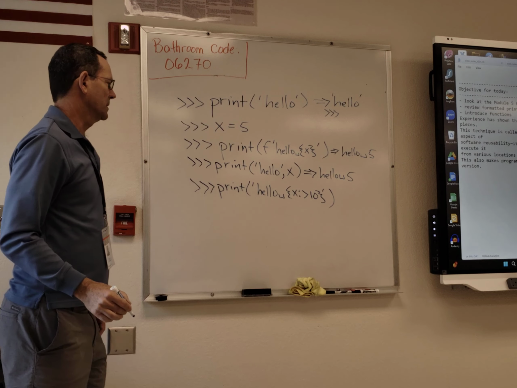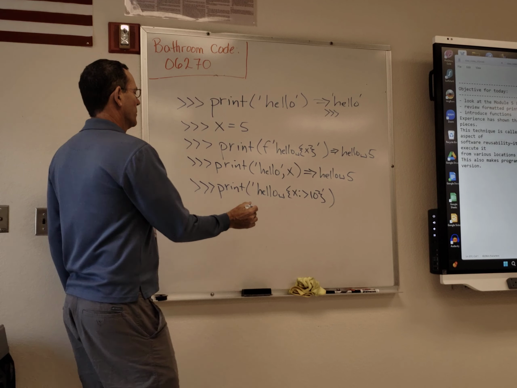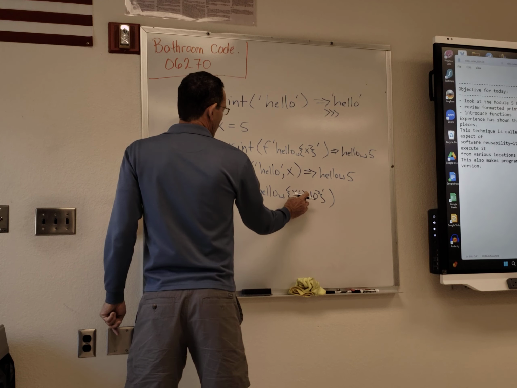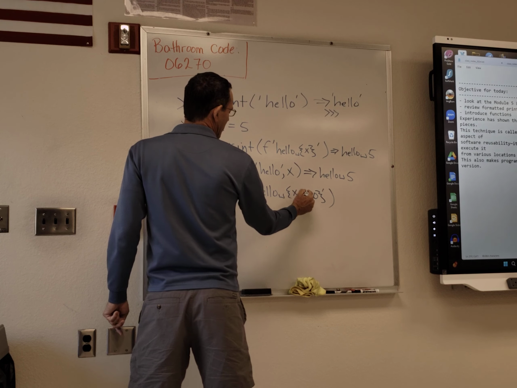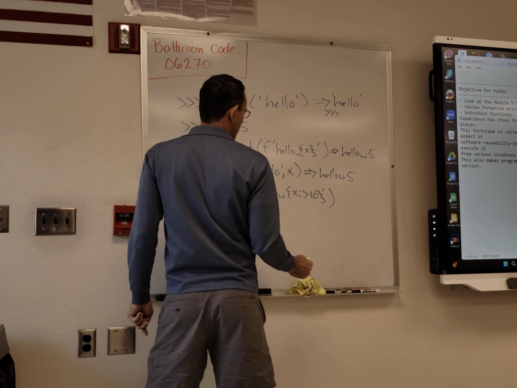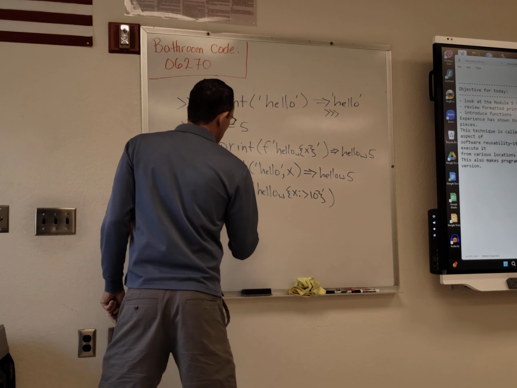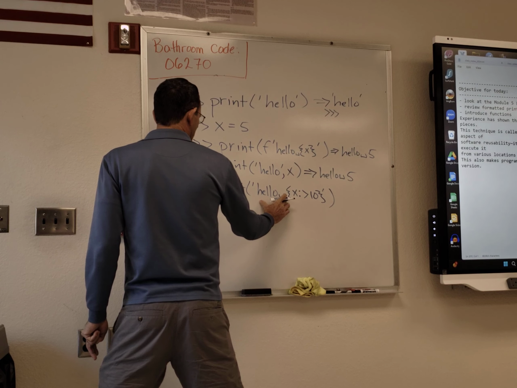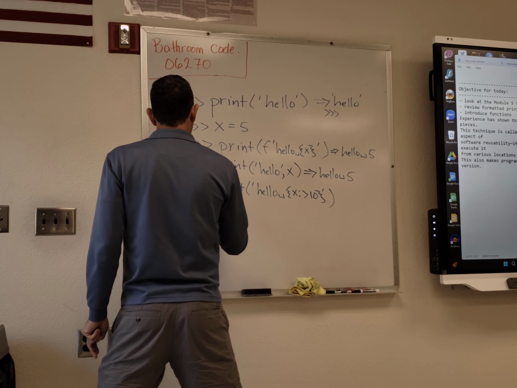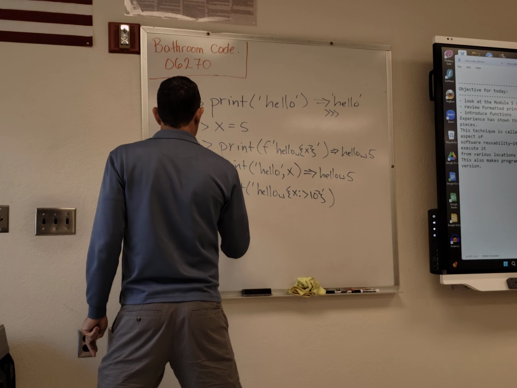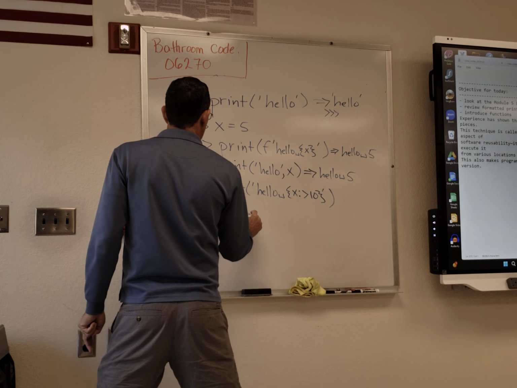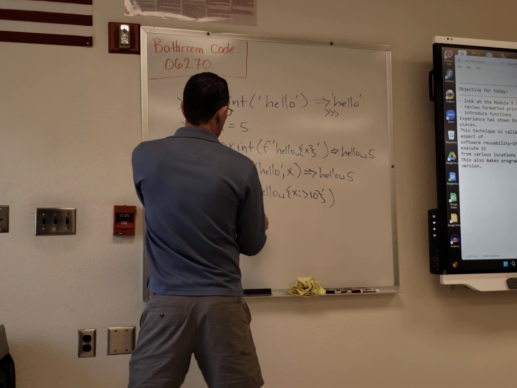So what the heck does this mean? We're going to print out 5, right aligned, because it's a greater than sign, in a total of 10 spaces. Okay? So this is going to print out hello with a space, and then 10 more spaces.